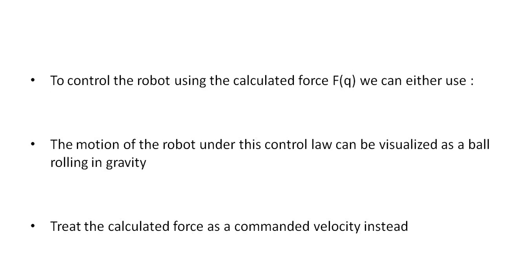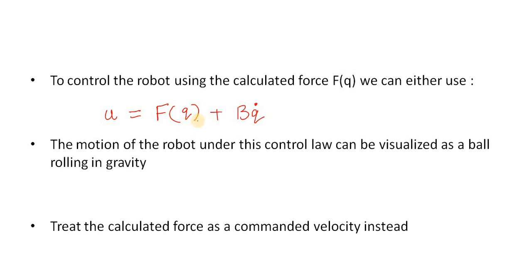To control the robot using the calculated force, we can use these types of equations. U is equal to this, the net force experienced by the robot in the virtual potential field. And what is the B?